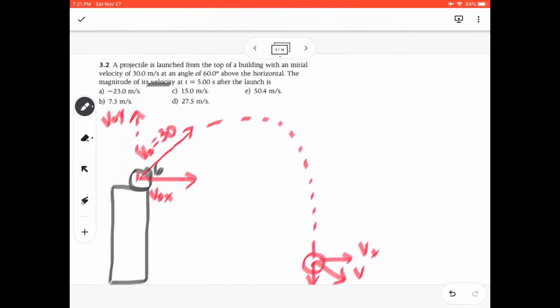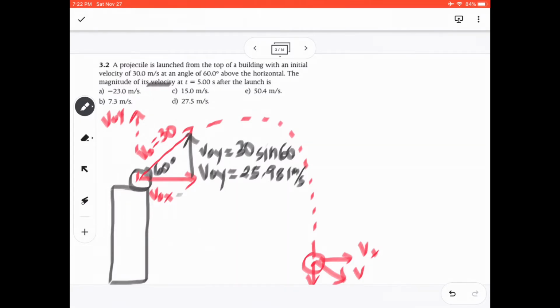If this is 60 degrees, using your SOHCAHTOA, we have VOY equals VO sine theta. So that's 30 sine 60. So your VOY is equal to 25.981 meters per second.